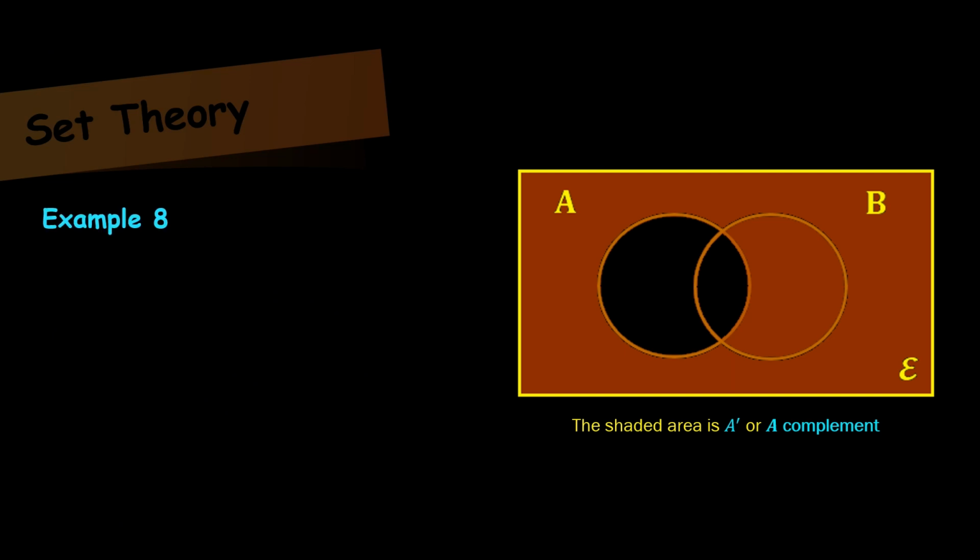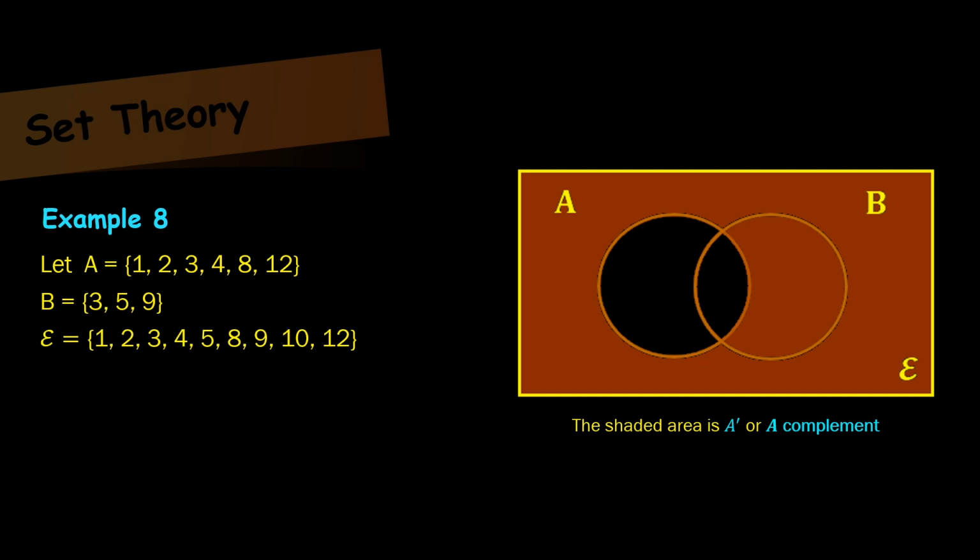Let's take a look at another example. Suppose A equals 1, 2, 3, 4, 8 and 12, and B equals 3, 5 and 9. We also have that the universal set represents these numbers as shown on your screen.